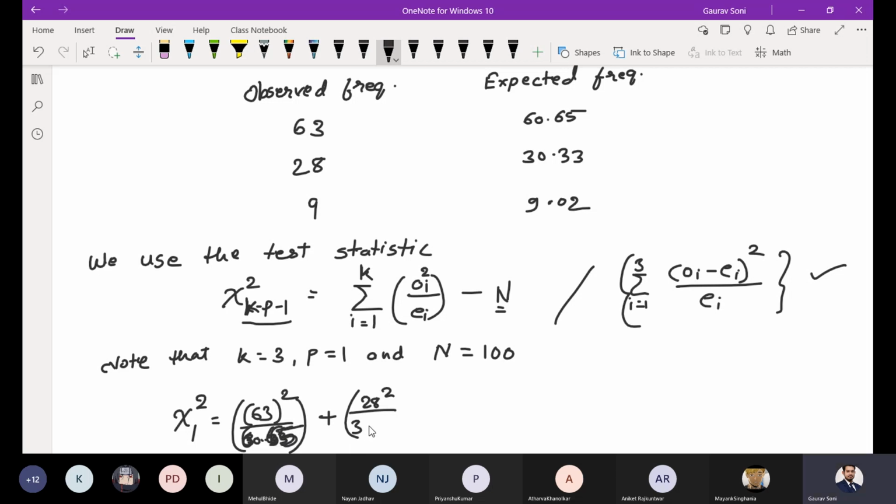This is 30.33 plus 9 square divided by 9.02 minus 100.